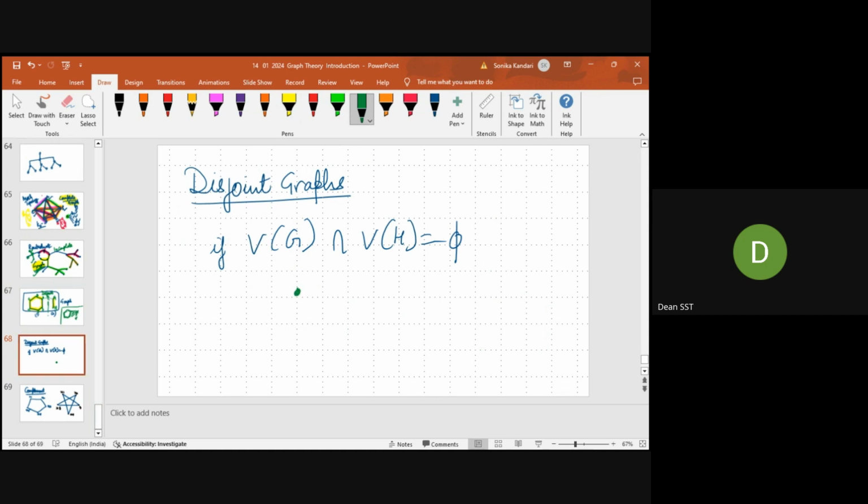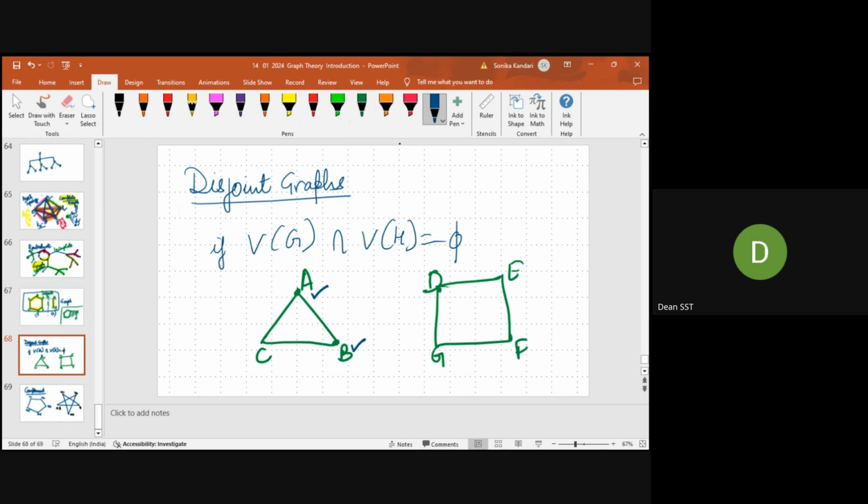Disjoint graph. Suppose I have one graph in which I have vertices A, B, and C. Fine. And I have another graph in which I have vertices D, E, F, G. So in one graph, I am having vertices A, B, C. And in another graph, I am having vertices D, E, F, and G. So what is V(G)?